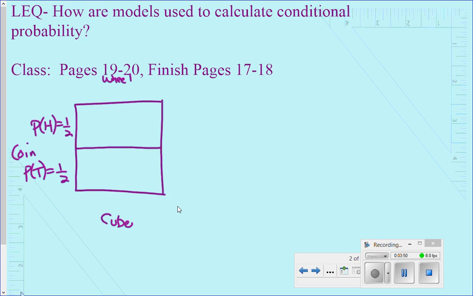So with the wheel, there's 10 sectors, 3 red, 3 blue, and 4 yellow. So hopefully you can get the probabilities there. That would be 3/10, 3/10, 4/10, which is 2/5. So I'm going to go ahead and divide up, trying to make 3 sections, one that's just a little bit bigger than the other 2, and that bigger one is the 2/5, which is yellow, and then the 2 that are the same are red and blue, and those are 3/10.